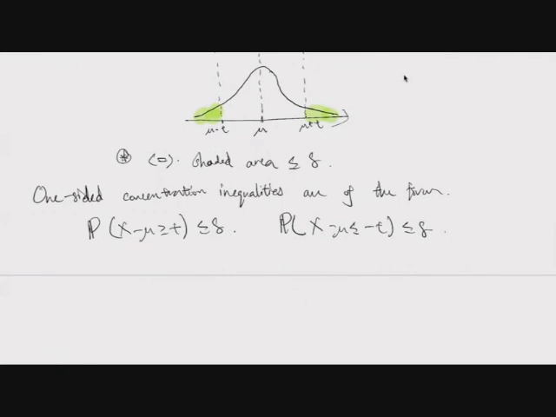And so when you want to compute a concentration inequality like this one, it's sort of trivial to compute because we can just go to the CDF and plug in the value of t, right? Or we may have to do some manipulation, take 1 minus the CDF or something like that, but it's still very easy. And then we can exactly compute what this tail probability is. So then we don't need to do any work at all to compute a concentration inequality.